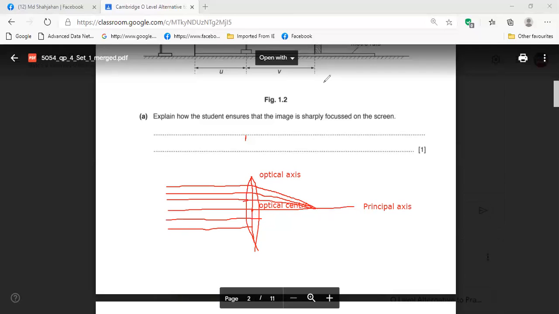Are you drawing? Yes, sir. This point where all these parallel rays are converging together is called principal focus or focal point.